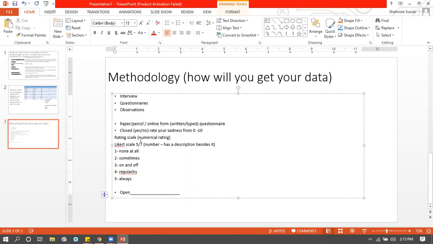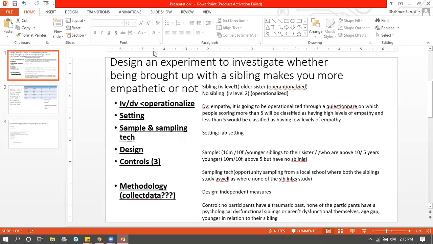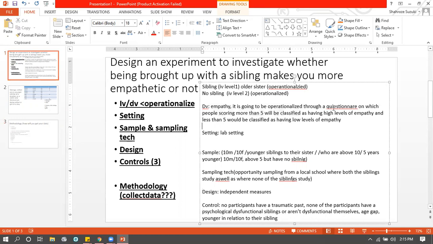Let's go back to our original question, where you said you would use a questionnaire. Empathy is going to be operationalized through a questionnaire on which people scoring more than five will be classified as having high empathy, and less than five would have low levels of empathy. I'm going to ask you this one question: are you going to use a closed-ended questionnaire here or an open-ended questionnaire, based on what you wrote here?